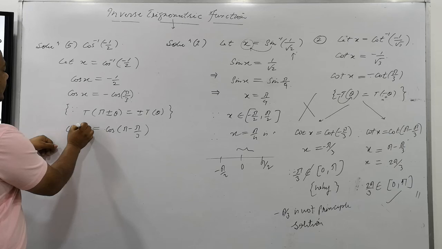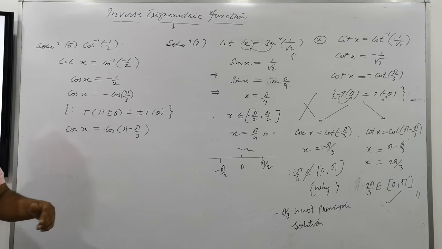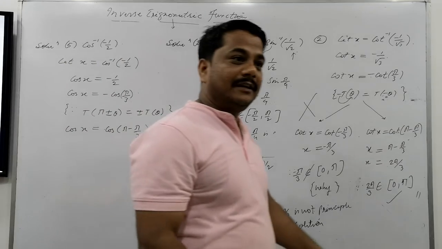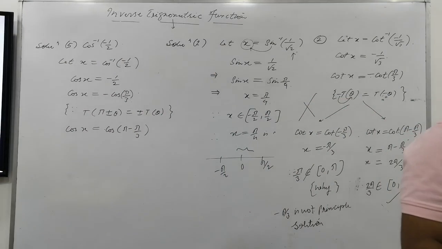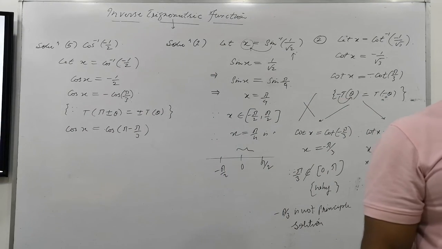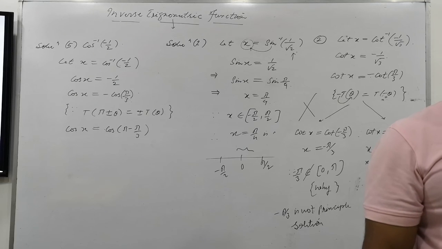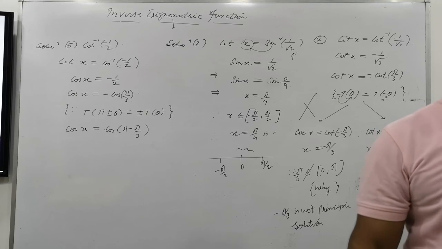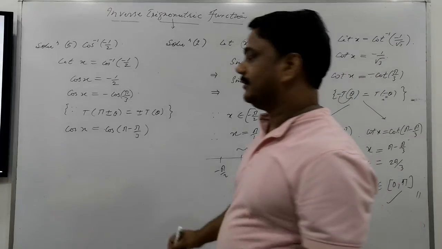Can we write this or not? Or we can also write cosine of pi plus pi by 3. But if we write pi plus pi by 3, then the value of x will exceed the principal solution range of the cos inverse function, which is 0 to pi. Is that clear now? So this is the right solution.